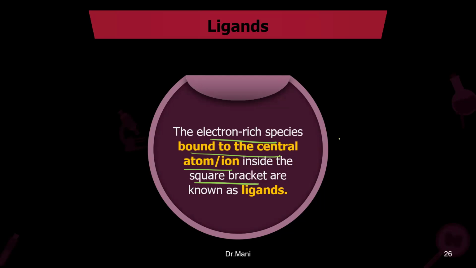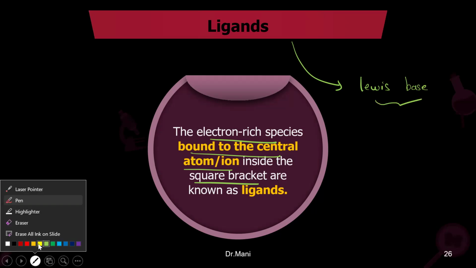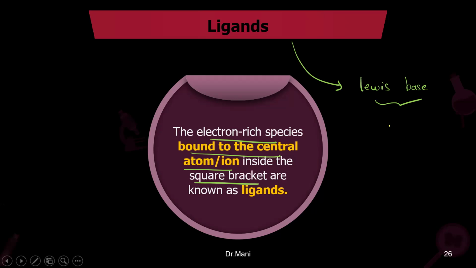So usually this ligand will act like a Lewis base. Whereas the central metal atom acts like a Lewis acid. So what is a Lewis base? Lewis base is nothing but the one which donates electrons to the central metal atom. See, he is having so many electrons, so he wants to donate the electrons.